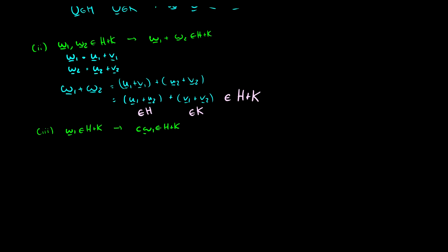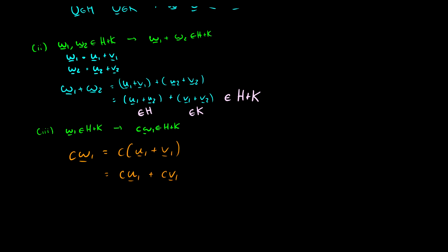Okay, so now we need to show that it's closed under multiplication. So we're going to take c times our vector w1. This is the same thing as c times the vector u1 plus the vector v1. So when we multiply this out, this is c times u1 plus c times v1.